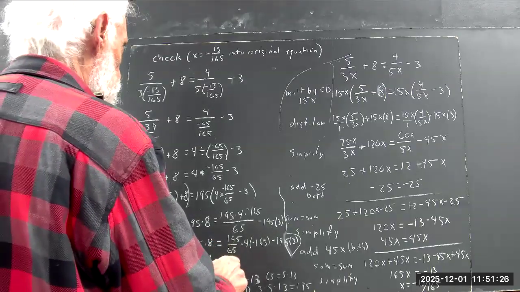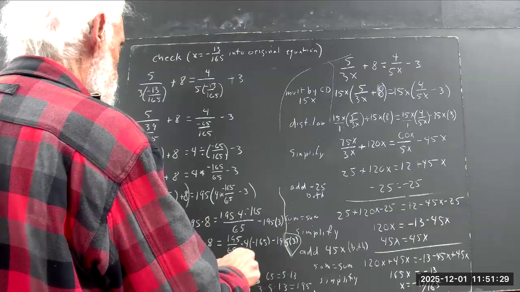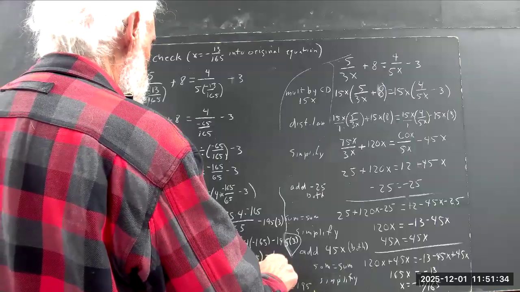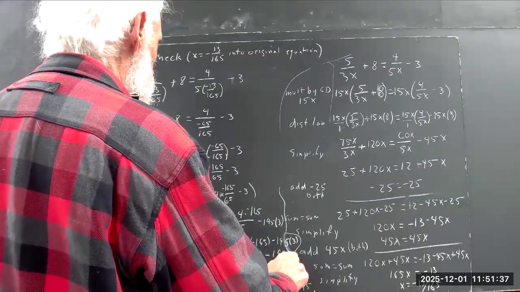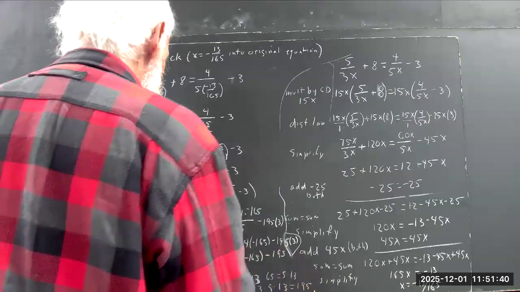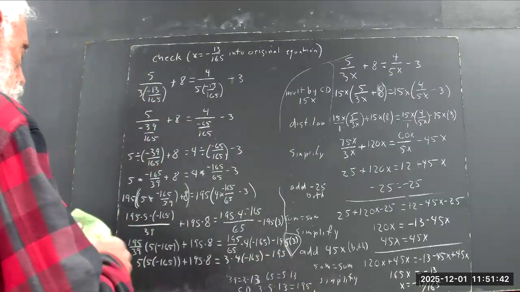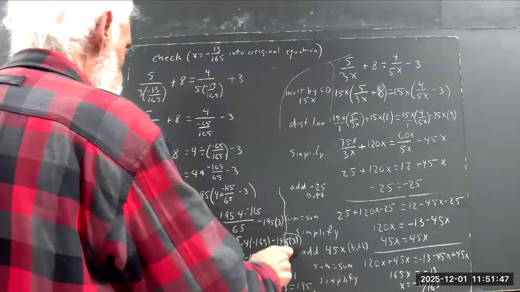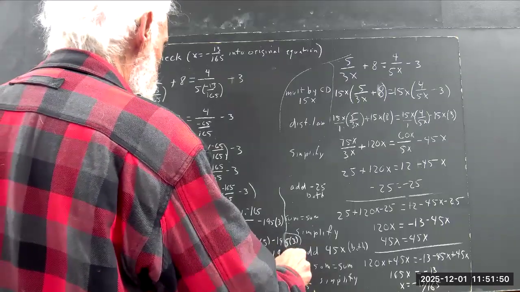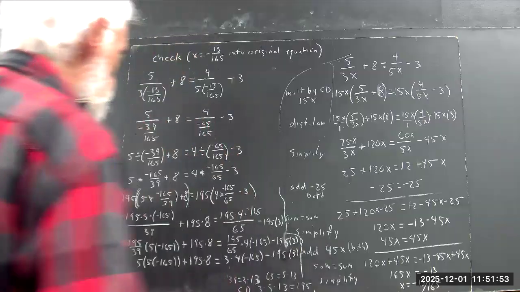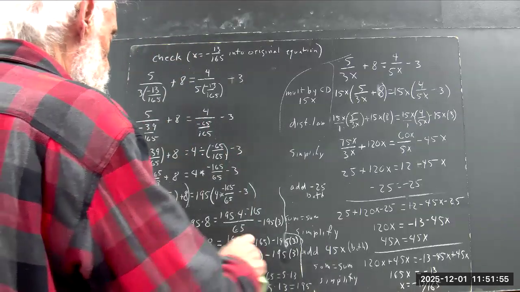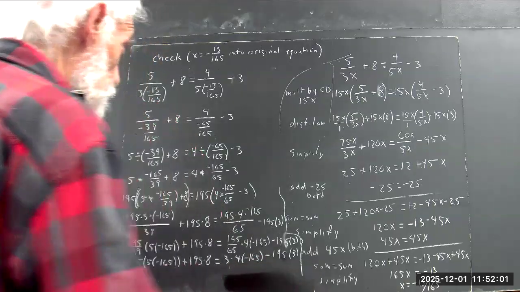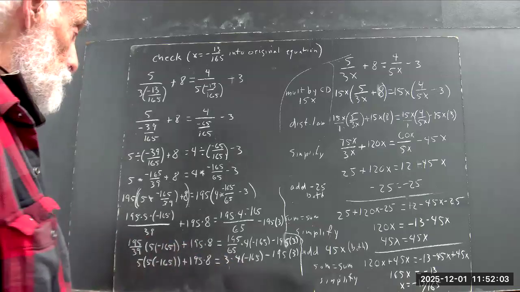And 65 goes into 195 3 times. And we have this series of numbers, which you can then multiply out with your calculator if you wish. And they should come out the same on both sides.